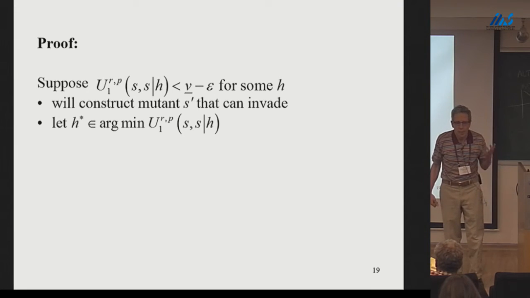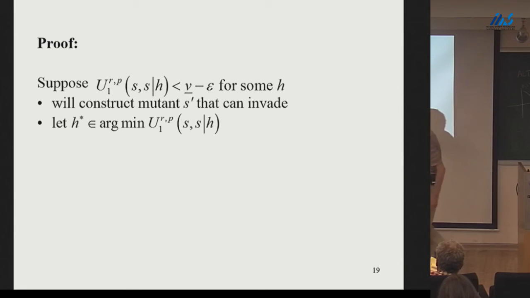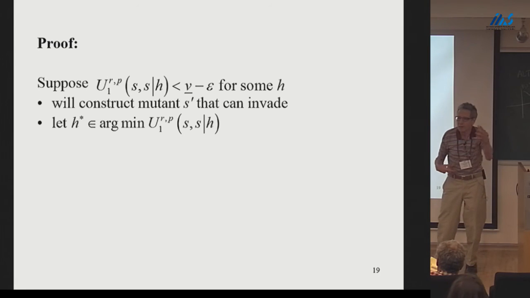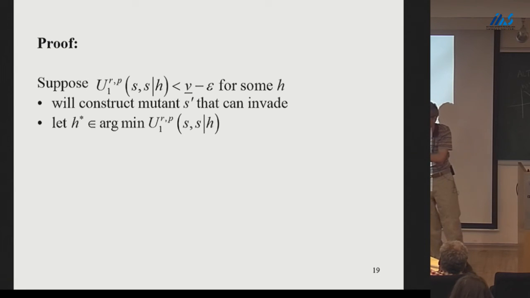Because S is finitely complex, there are in effect only finitely many equivalence classes of histories that we have to consider.